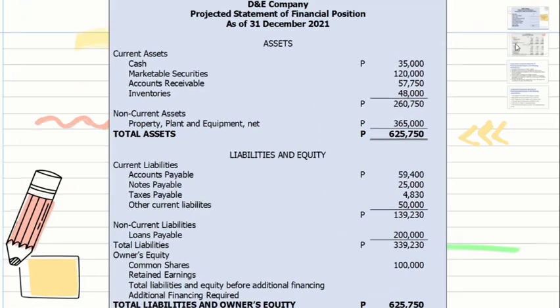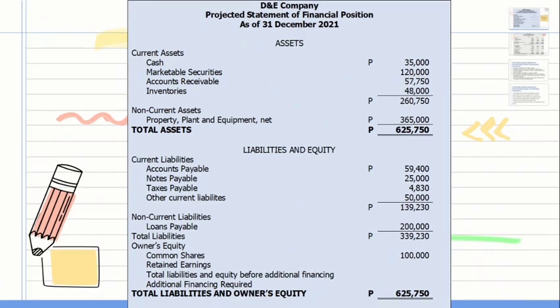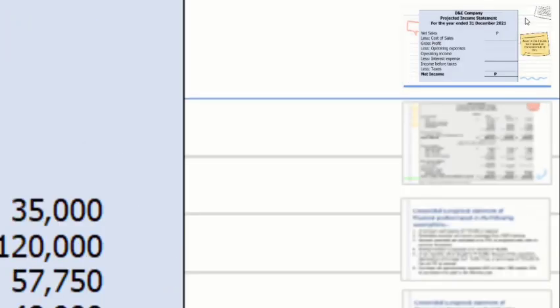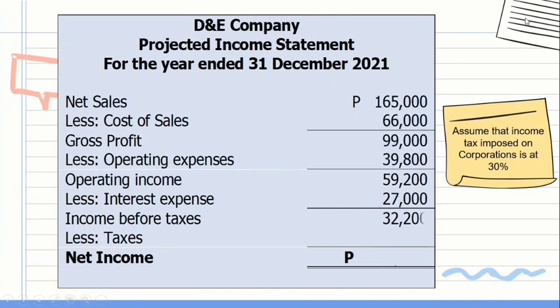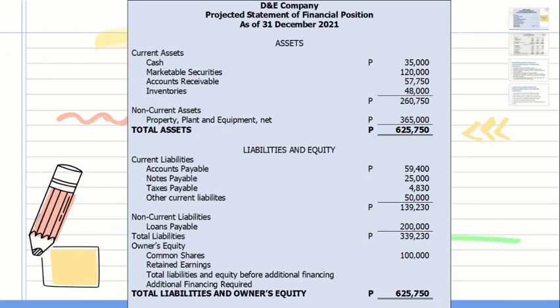So, ang atong beginning balance sa retained earnings, which is 32,000 plus ang atong projected net income, which is 22,540. So, ato rin siyang i-add sa beginning retained earnings to get our projected retained earnings for 2021. So we have 54,540.